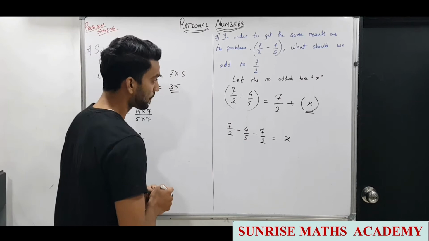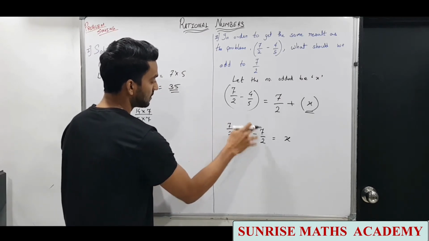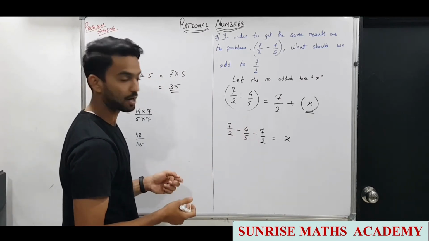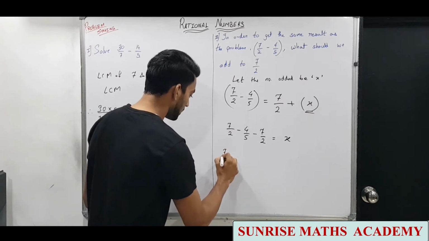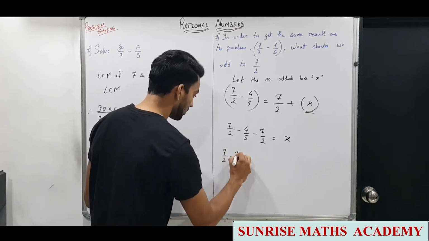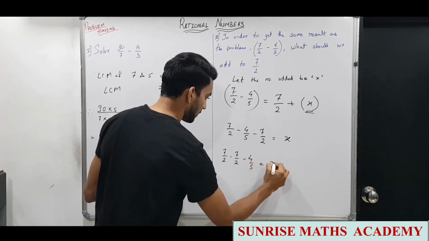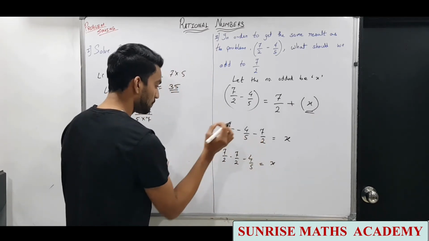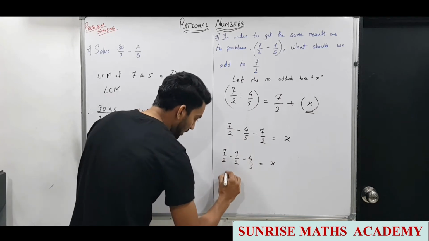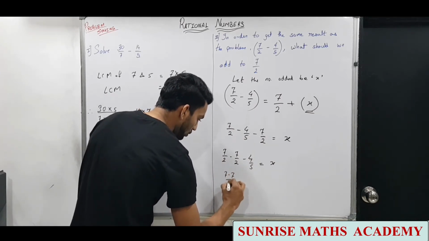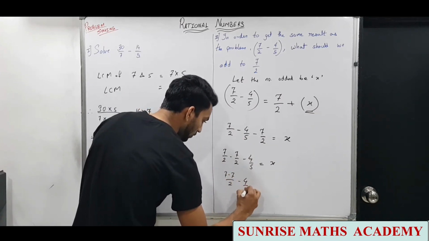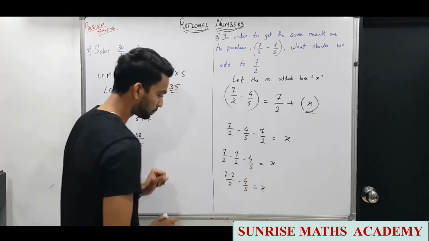Now if you see here, 7 upon 2 and this 7 upon 2 both are same rational numbers. So what I'll do is I'll write it here, and then this one I've just brought here. Now if we subtract, 7 upon 2 minus 7 upon 2 minus 4 upon 5 equals to x.